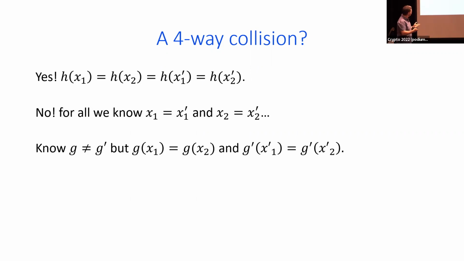So looking a little bit more closely, notice the property that we have. We know that G is different from G prime, but we have a collision of both X1 and X2 under G, and X1 prime and X2 prime under G prime.